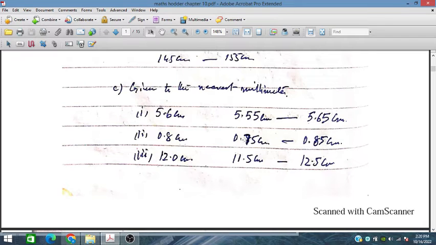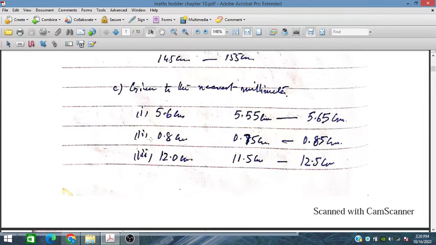Similarly for this one, this is a lower bound and this is the upper bound. If it is 0.76 or 0.77 or 0.78, it will be considered 0.8, and if it is 0.88, no, it will not be considered as 0.8, but if it is less than 0.85, then it is considered as 0.8.